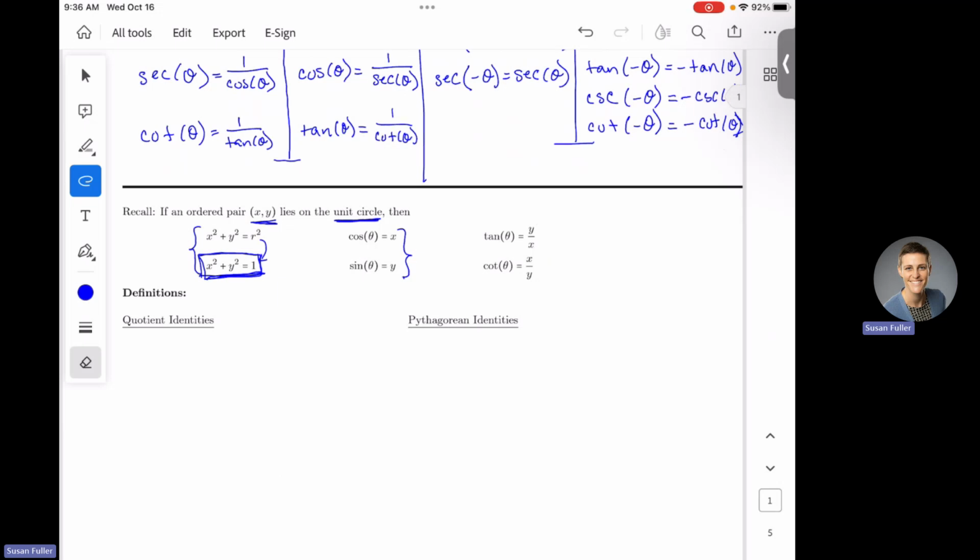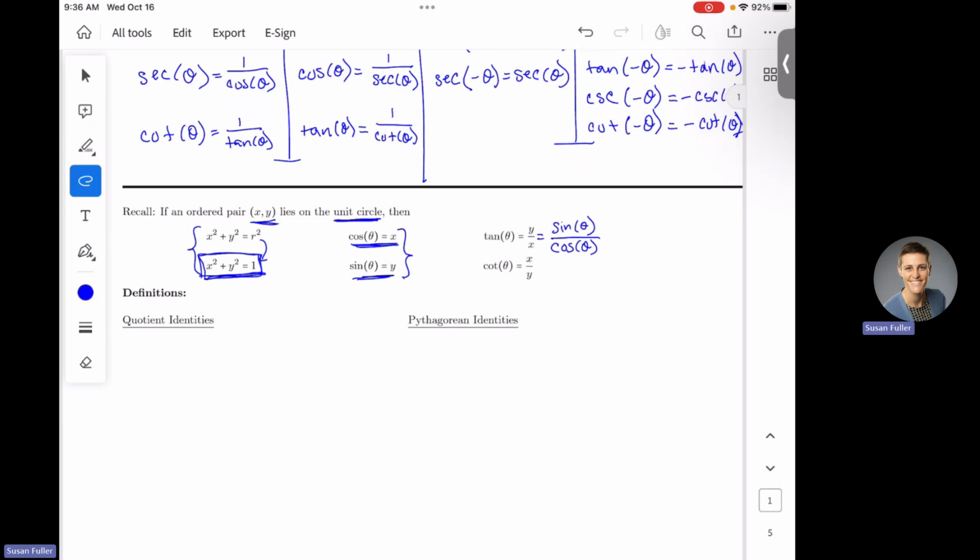So let's think about that and say, okay, well, tangent is my y value divided by my x value, but the y value is the sine of theta. So I can replace y with sine of theta because that's really the same thing. And on the bottom here, instead of x is just cosine theta. So I could put cosine theta in there for x.